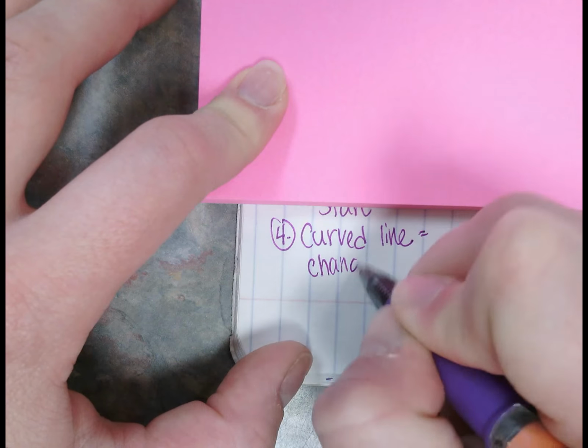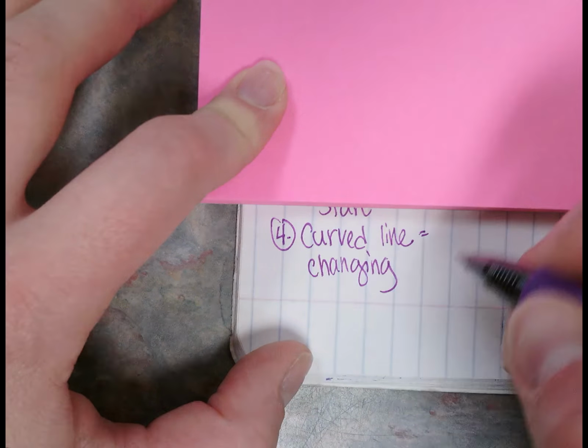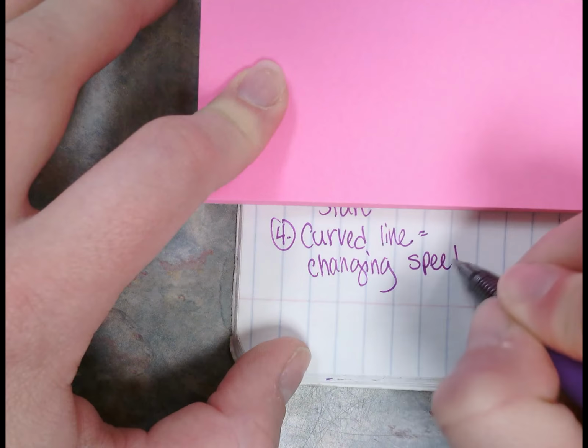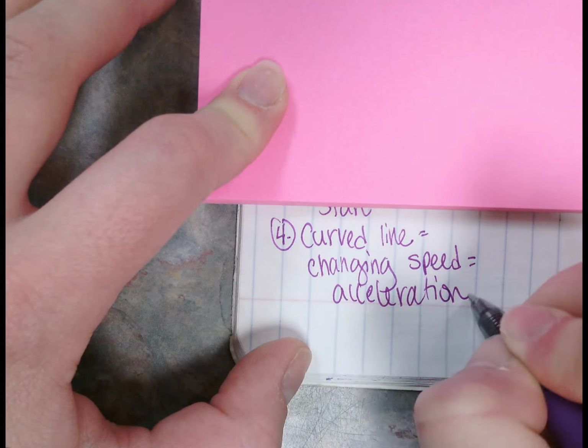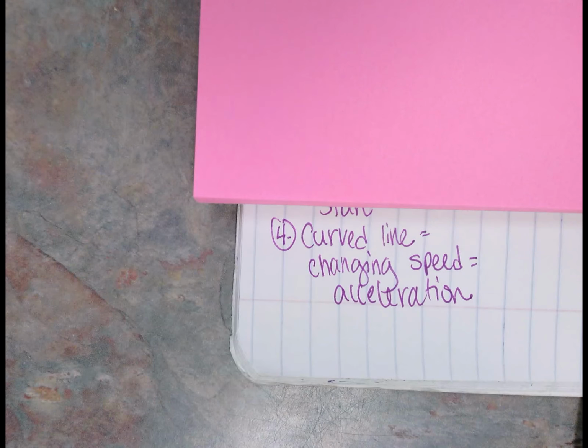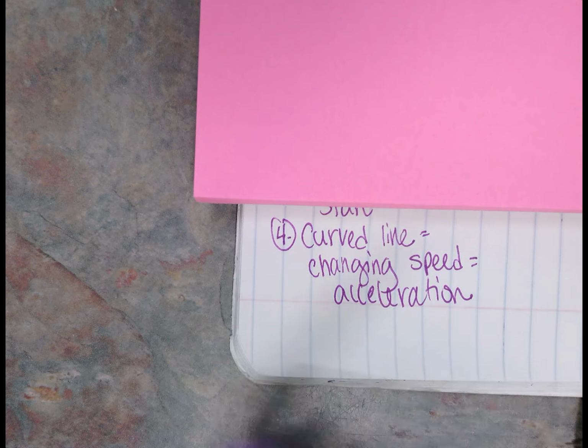Changing speed, which equals acceleration. Okay, so curved line, it's changing speed. It is accelerating. But anytime you see a line that's going upwards on the graph, it's going to be the constant speed away. If it's sloping downwards back to the 0, 0 point on your graph, or 0 distance on your graph, it's just going back to the beginning. All right, ta-da!